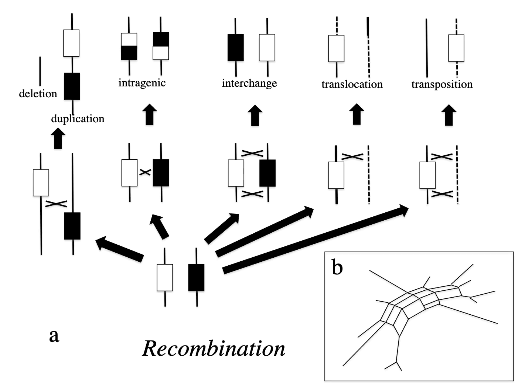Some of these can be caused by recombination events in those organisms along certain lines, especially frequent recombination events. So you can get deletion and duplication events. Then there are intragenic exchanges, interchange, translocations, and transposition.